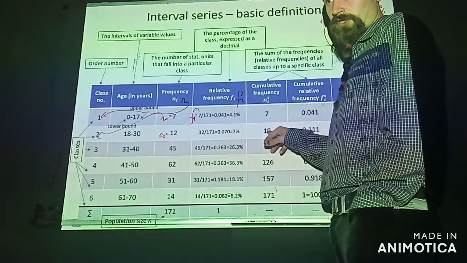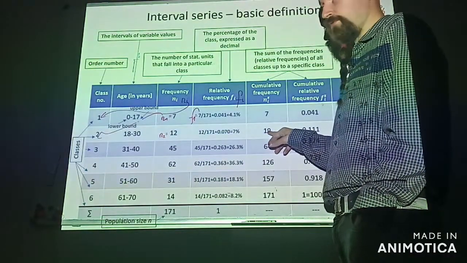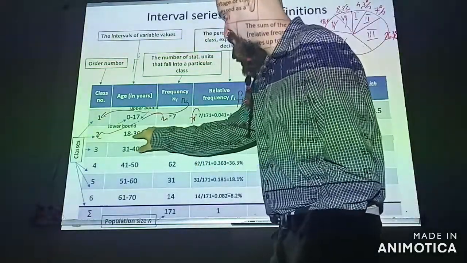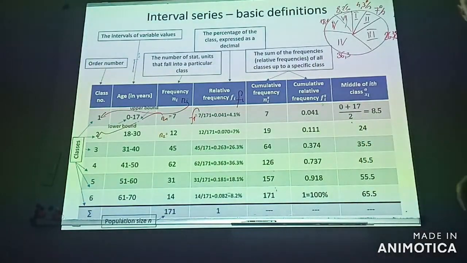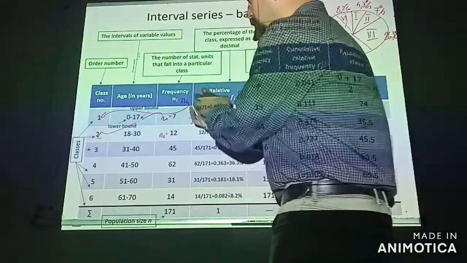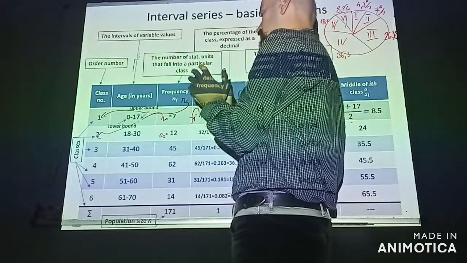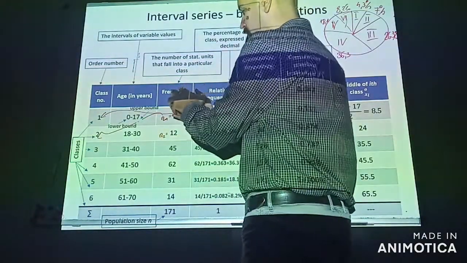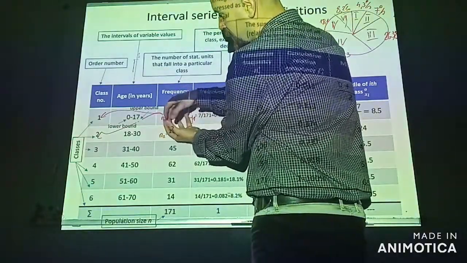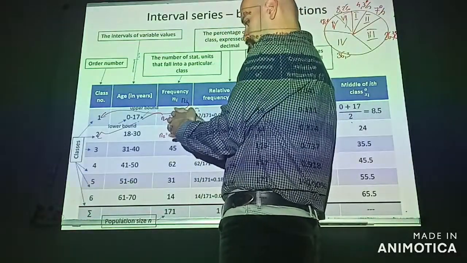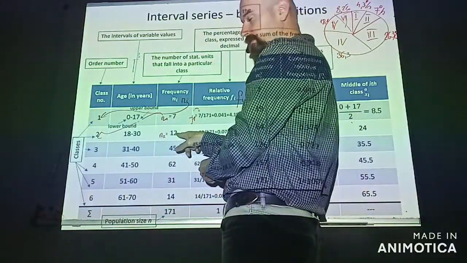19 corresponds to the following situation. How many people are no more than 30 years old? 7 plus 12, 19. So in the first class, our snowball has a dimension of 7 statistical units. It falls into the next class, the second one, and increases its dimension by 12 people.